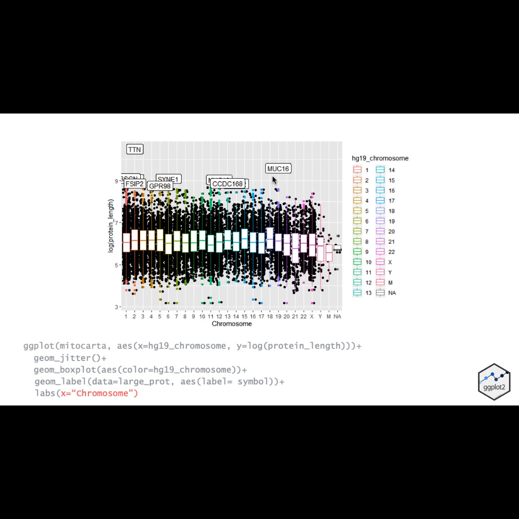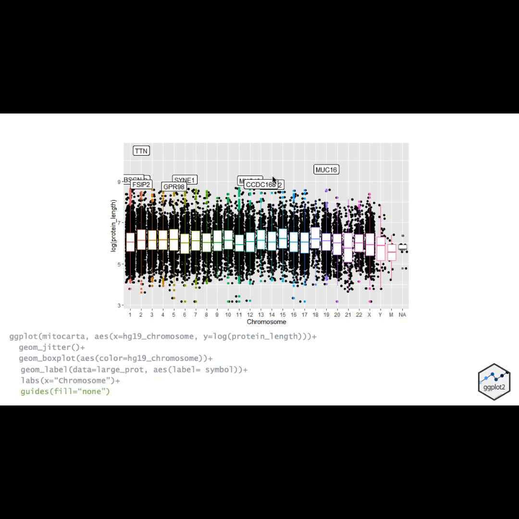So we don't necessarily need this legend on the side that tells us that 1 is red and 2 is a reddish orange and so on and so forth, right? So we can remove that legend by adding the guides function, and we just write fill. So this means the legend for the fill equals none. And that just removes the legend altogether from our graph.